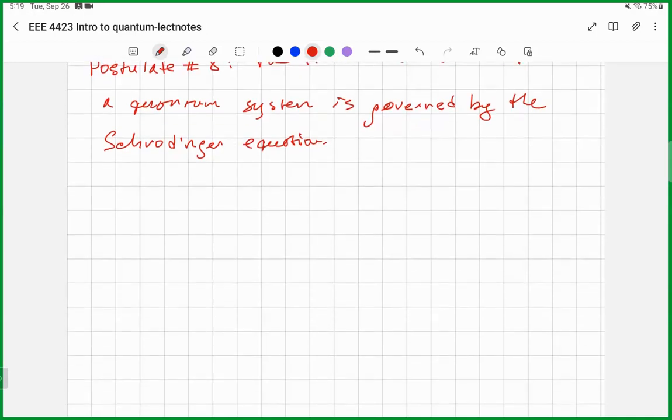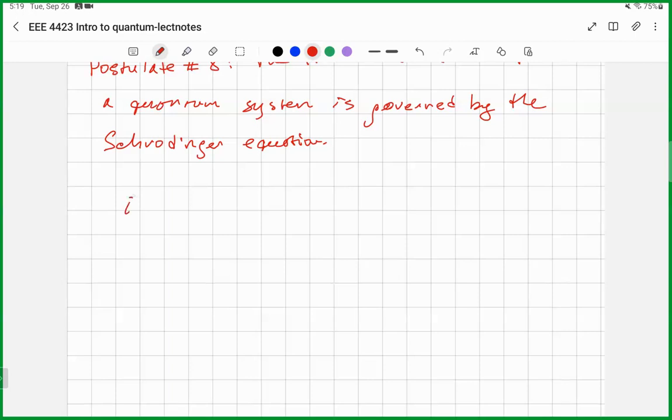For this reason, the Schrodinger equation is considered one of the fundamental physical equations.